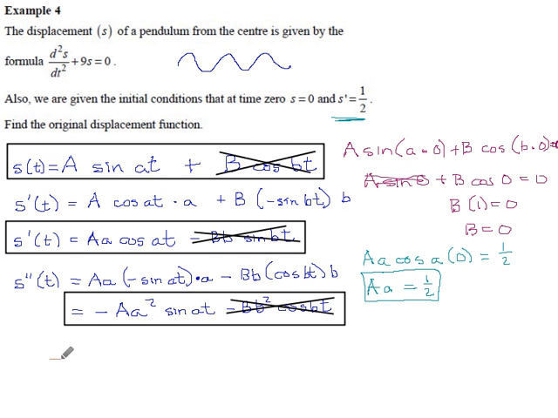Our second derivative is minus big A little a squared sine AT plus 9 times the original position, which is A sine AT, has to equal 0.